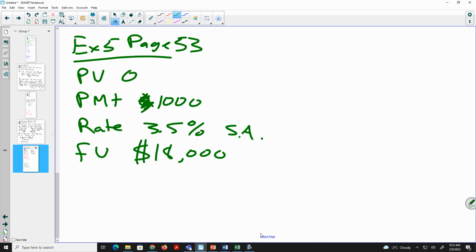Did you put negative 18 or positive 18? Make sure it's negative. Because you can't put the present value as negative zero. Yeah, that's the answer. So that's 15.78 payments, right?